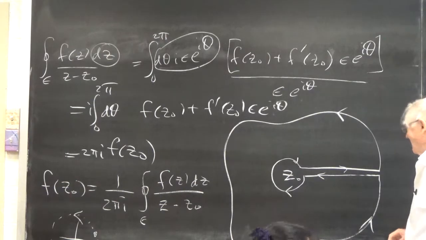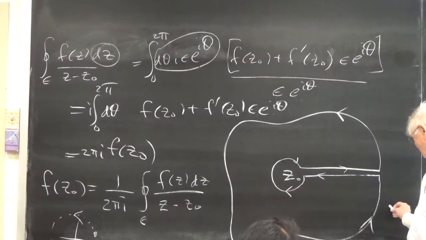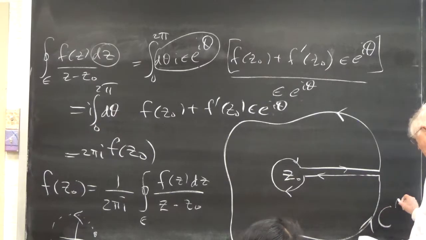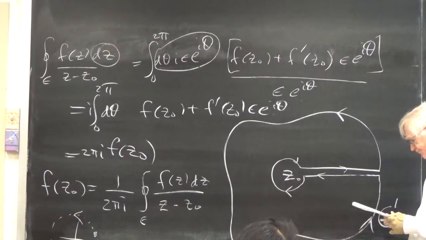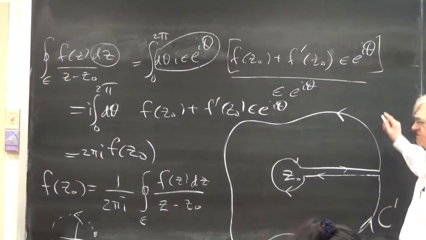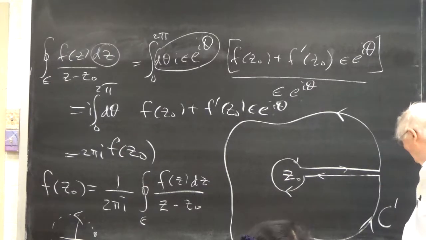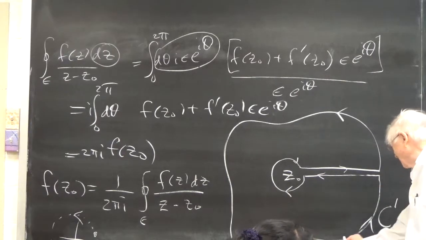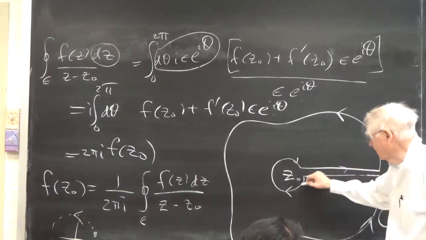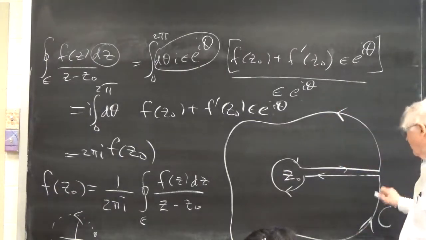All right. So I'm calling this the contour C prime. And what do we get? Well, first of all, this is all inside a profane region of analyticity. So we integrate along here, around there, around there.